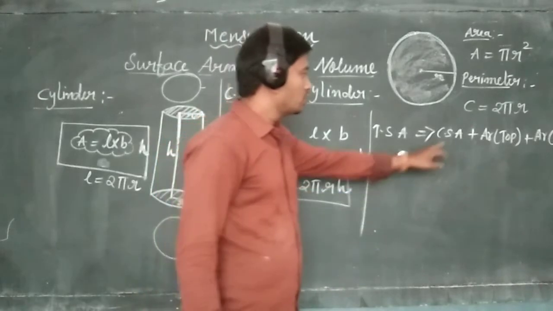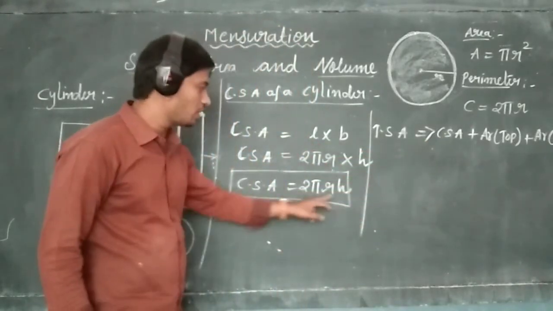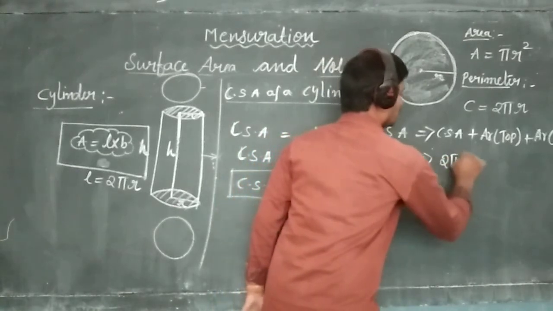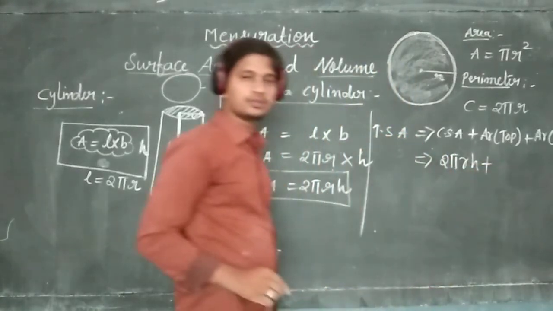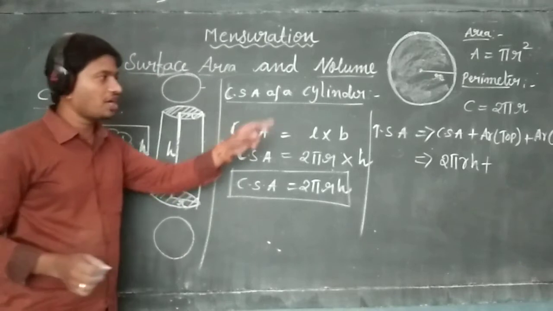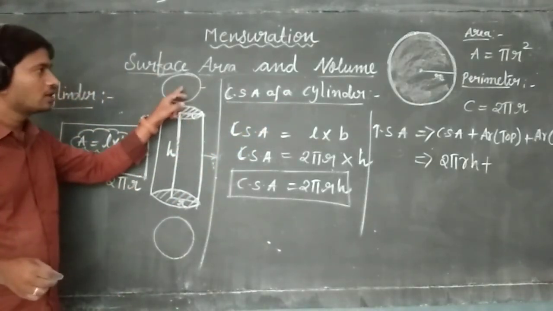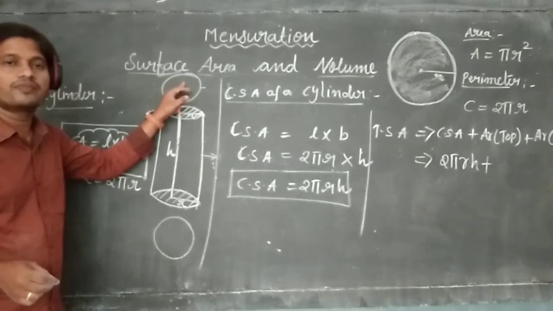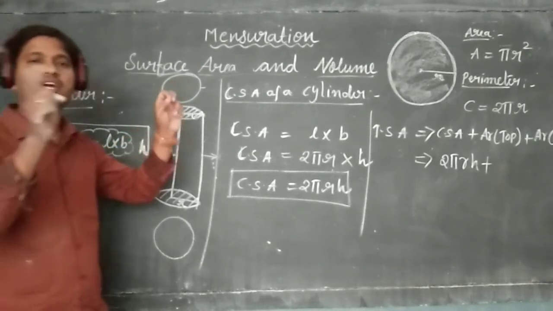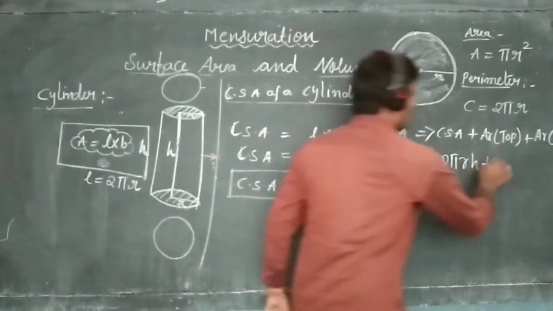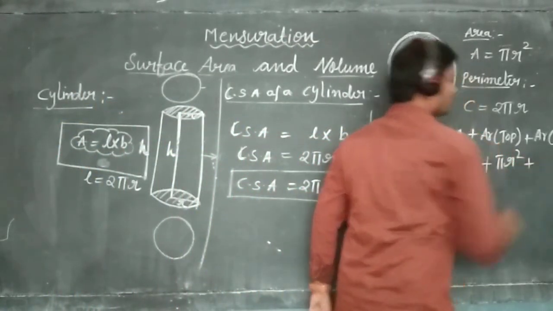Right? So as we know, CSA equals 2 pi r h, plus the area of the top face. The top face is in the shape of a circle. What is the area of a circle? Area of a circle is pi r square.